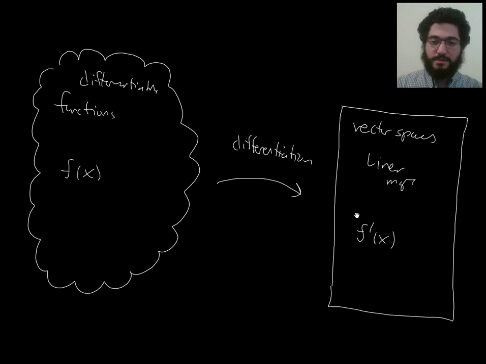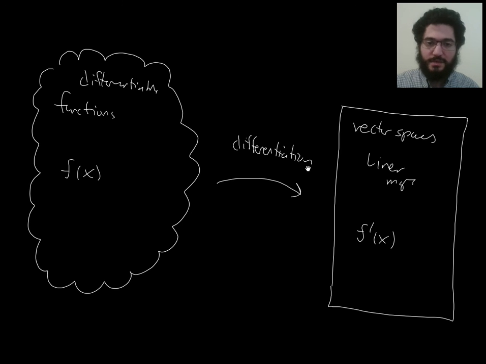And I'm also hoping that this gives you some perspective on the importance of the inverse function theorem. If you've got invertible functions over here, then just thanks to the chain rule, we know that they will become invertible linear maps over here.